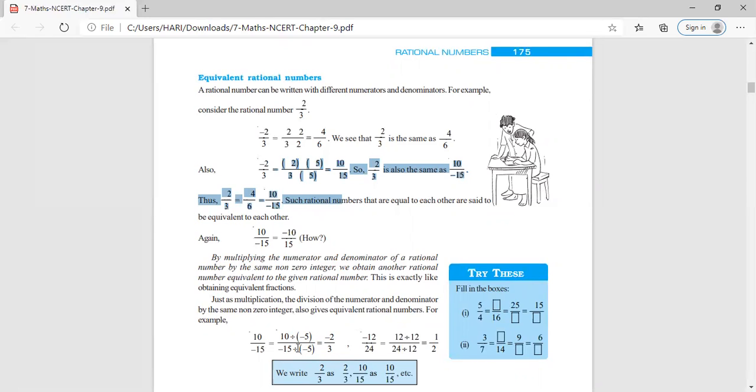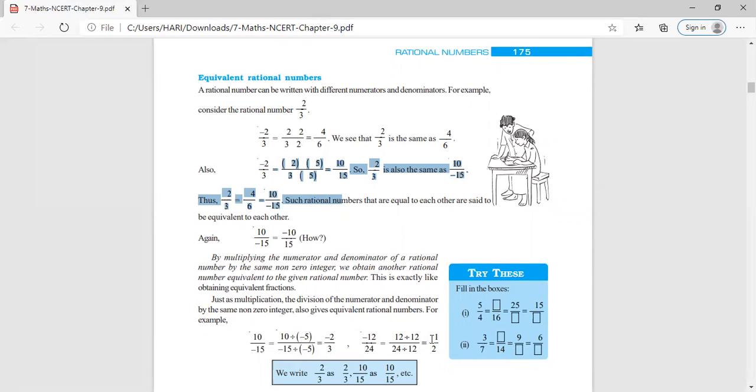So minus 2 by 3 will be the answer of dividing 10 by minus 15 by minus 5. Right? Same way, minus 12 by 24. We divide by the positive integer 12, and we will get 1 by 2. Right? 12 divided by 12 is equal to 1 and 24 divided by 12 is 2.